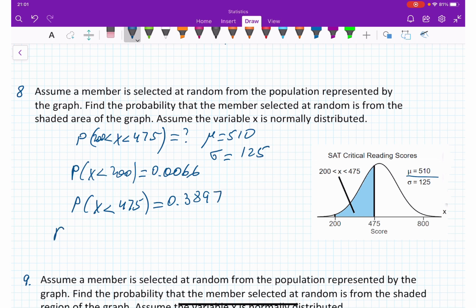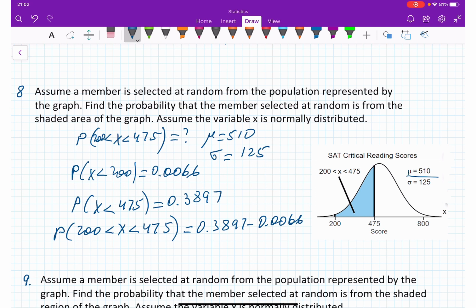So probability between 200 and 475 is equal to 0.3897 minus 0.0066. Okay, 0.3897 minus 0.0066.